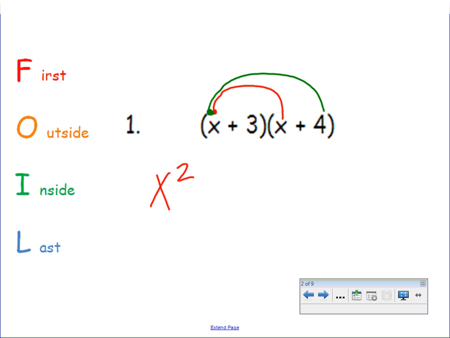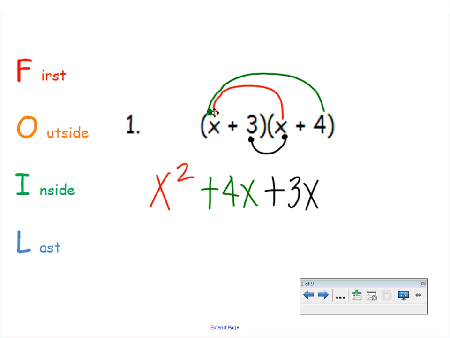So I'm going to multiply x times 4 to get 4x. Okay, now I need to multiply my inside terms. So the inside is going to be this 3 with this x. Those are on the inside. So that 3 times x, I get 3x.